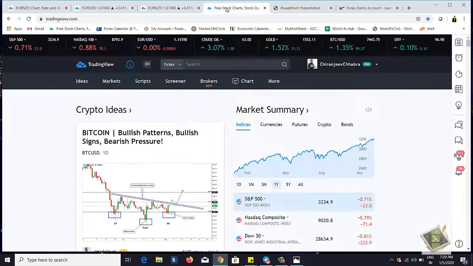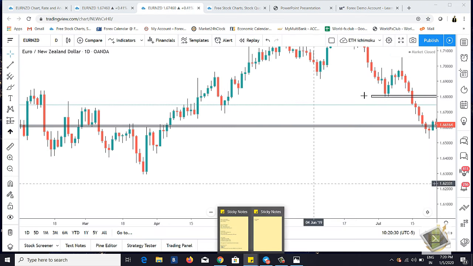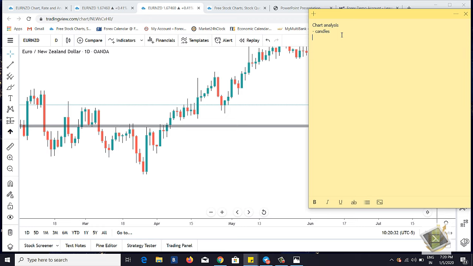Okay, so let's get started with the charts. We have read that candlestick patterns are very important. Candles are very important. What it helps us with is finding buyers' or sellers' strength in the market.